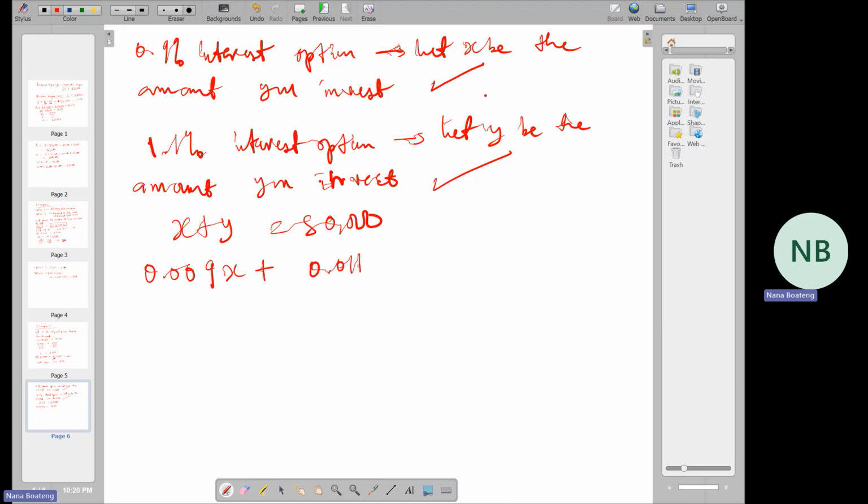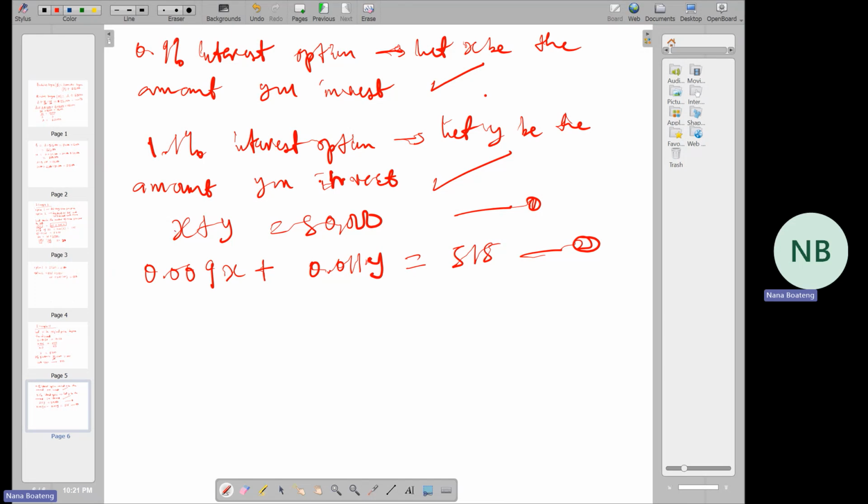If you invested amount Y in it, what you gain is 0.011Y. And we are told the sum of the interest you gained is $515. So we have two equations now that we have to solve for X and Y.